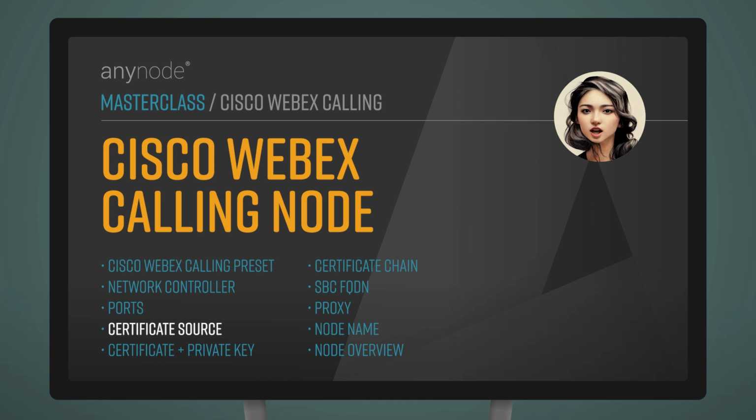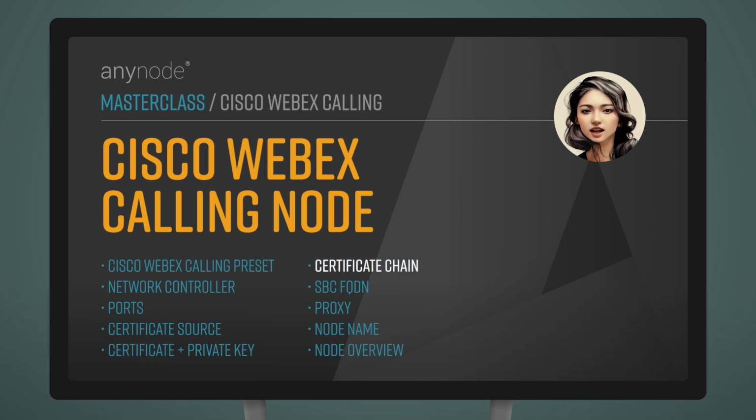We cover the configuration of the certificate source, which determines where the node obtains the required SSL/TLS certificate for secure communication with Cisco WebEx calling. 5. Certificate and private key. Here the process of configuring the SSL/TLS certificate and the private key for the Cisco WebEx calling node will be explored, ensuring secure communication between the node and Cisco WebEx calling.